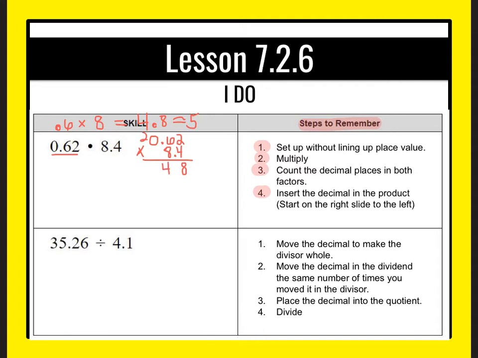And I know that's 0, so 2. And I am done with the 4. Now I'm going to multiply 8 times 2, which gives me 16, 48, and 1 is 49, and that would come right here.